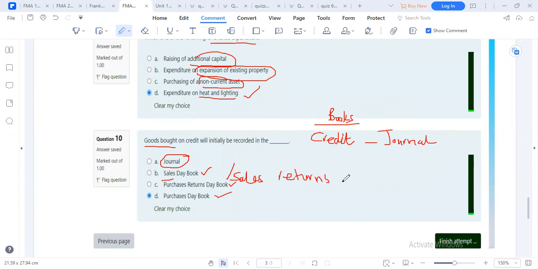A day book is called a journal, so we can use day book in place of journal. Then the second one, purchases journal and purchases returns. And finally, we have the journal proper, or the general journal, if you like.